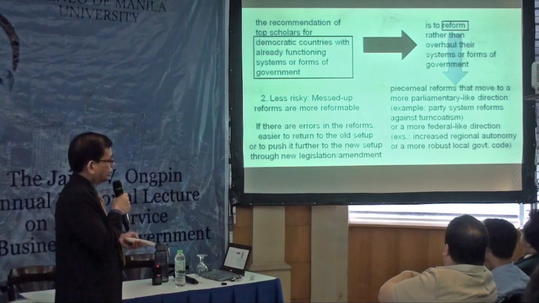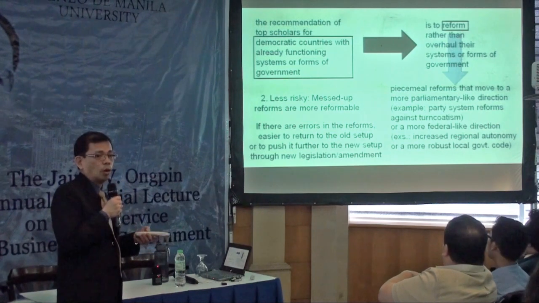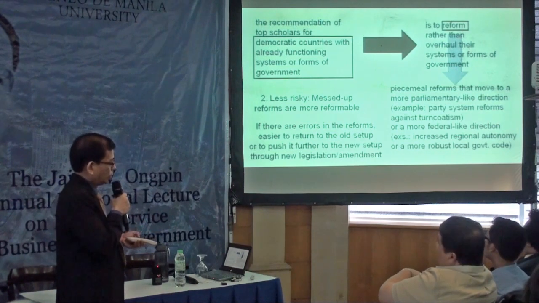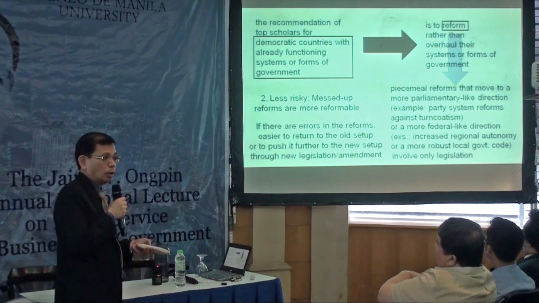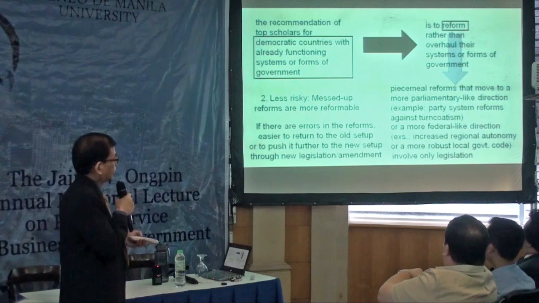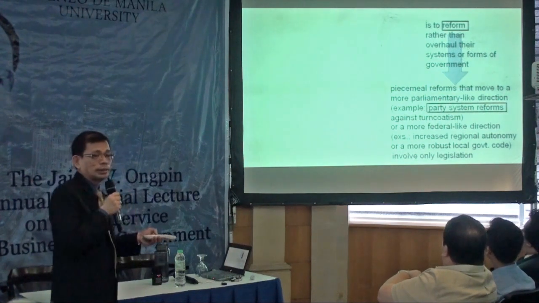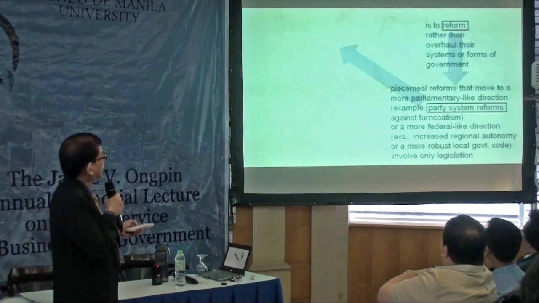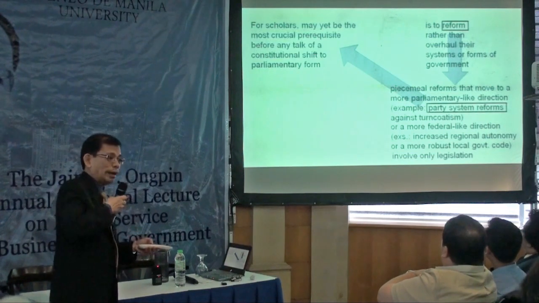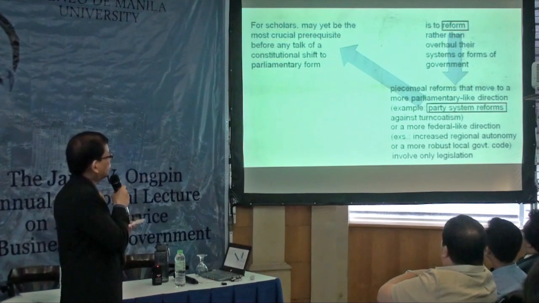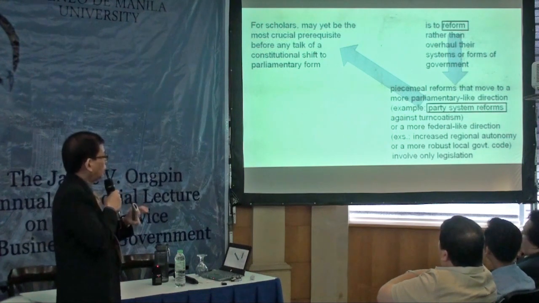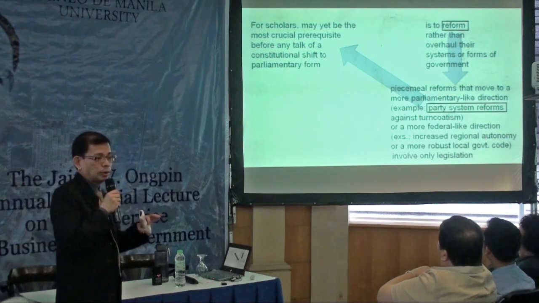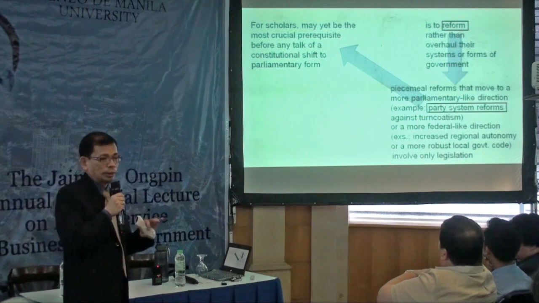For example, increased regional autonomy or more robust local government code involve only legislation, not constitutional amendment. These party system reforms are actually very important in institutional design because for many scholars may yet be the most crucial prerequisite before any talk of a constitutional shift to a parliamentary form.